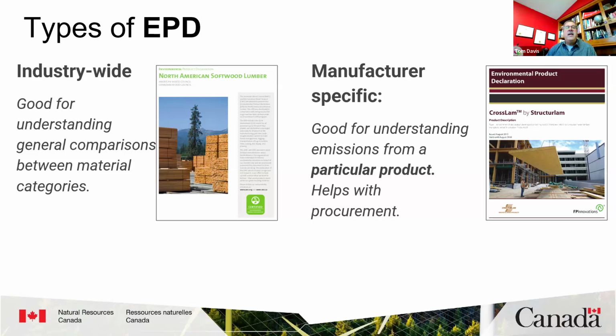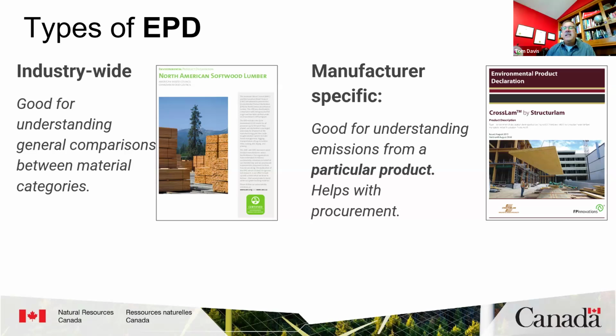Industry-wide EPDs are created by the industry associations. The clue is in the name, right? Industry-wide. They use data from a number of different manufacturers of the same product type to create an average global warming factor for all products in that category. Are they precisely accurate? No, because you don't have a specific product in mind but it will represent average products from that category.